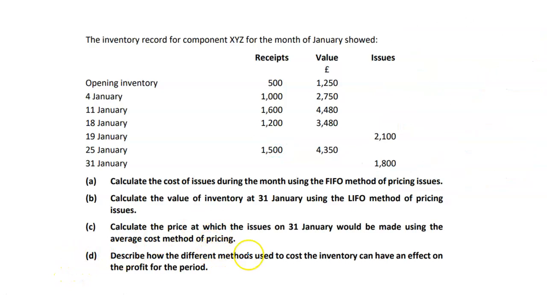What they're really arguing here is less about the methods in terms of profit, and more about the pricing. If you're using a first in, first out method, you're getting rid of the older stock first.